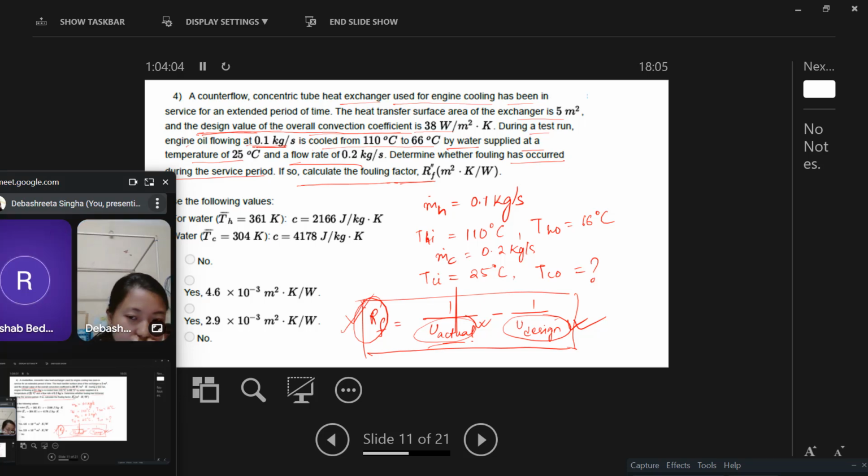Yes, ma'am. How will you calculate? By using the formula Q equals U A delta T LMTD. Since area is also given, just calculate.